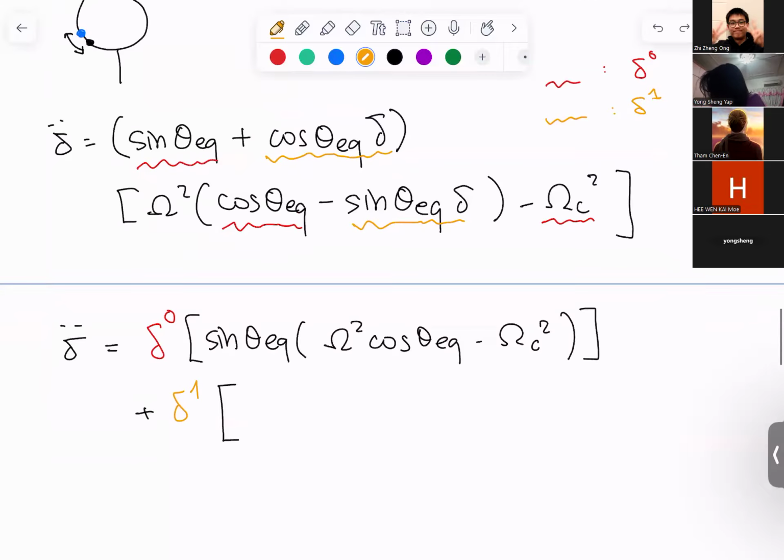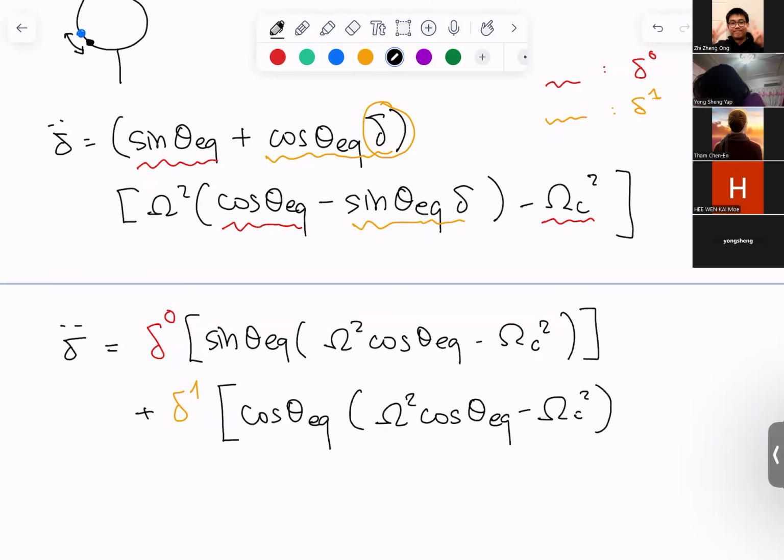The terms here should be proportional to delta. So one delta is over here, so this should be cosine theta EQ, multiplied by things in the square bracket that do not have any delta. So basically it's multiplied by omega squared cosine theta EQ minus omega c squared.